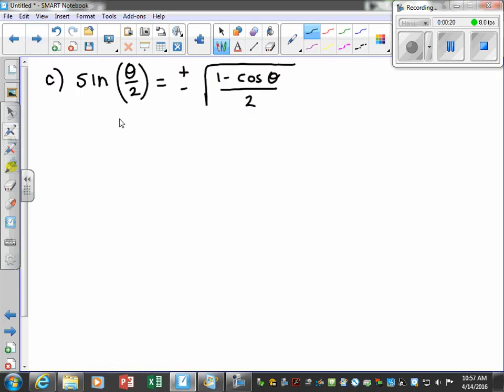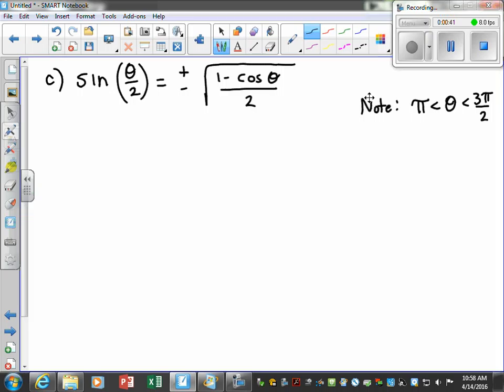So the first thing we're going to do is write our formula down, and our original theta was in quadrant 3, so we're going to first make a note that in our given problem we found out that theta was in quadrant 3.